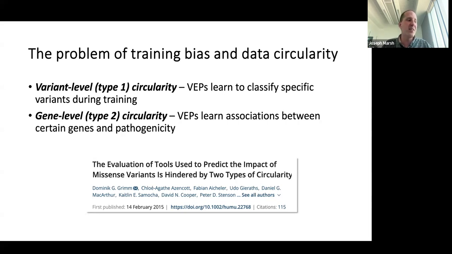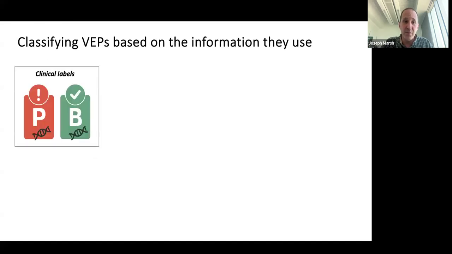So I think a lot of these inflated performance estimates come down to not accounting for these kinds of training biases and circularities. I'm just highlighting this paper here from 2015 that did a good job of highlighting these issues that are really pervasive in the field.